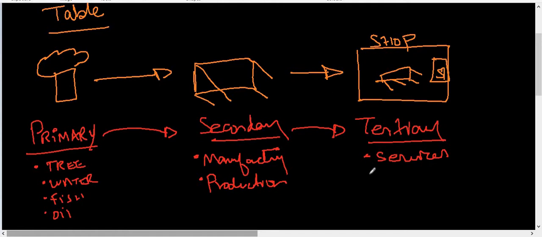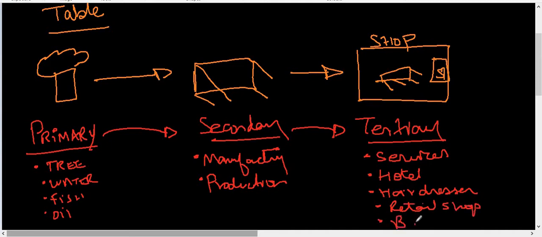There are other kinds of services too: a hotel is a service, a hairdresser is a service, a retail shop is a service, and banks provide you financial services. So these are all services. These are the three sectors of production, three stages of production. A primary stage, we all know, is natural resources, extraction; secondary stage, production, manufacturing; and tertiary stage is all about services.